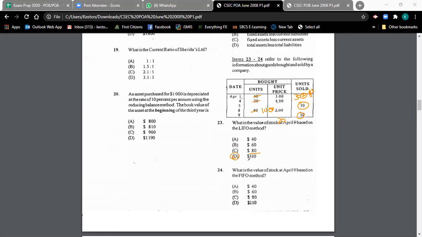It was D here, my bad. Sorry. Terribly sorry. Yeah, 23 is 110. And Ariana, yes. First in, first out, you are right. C is correct for 24. 80. Yeah? Everybody alright with that? D for 23, C for 24.